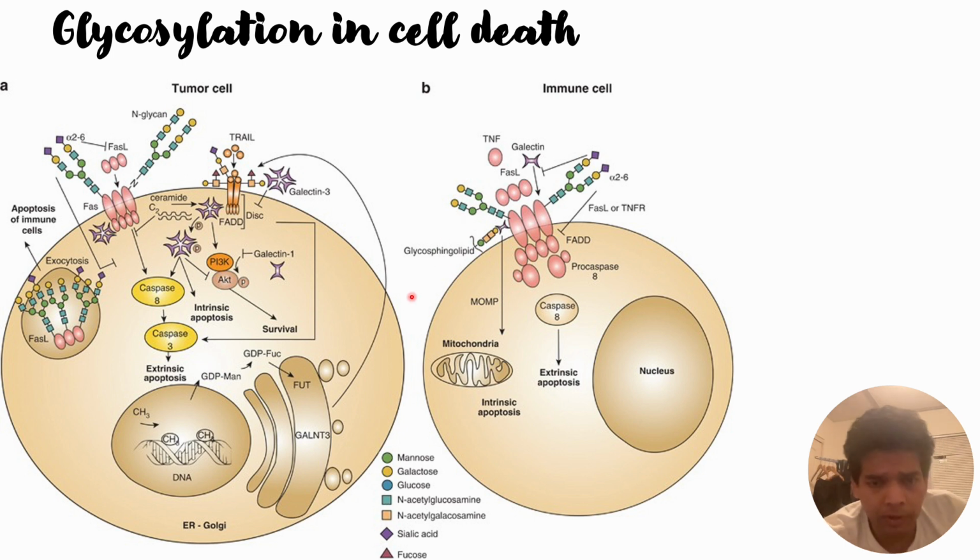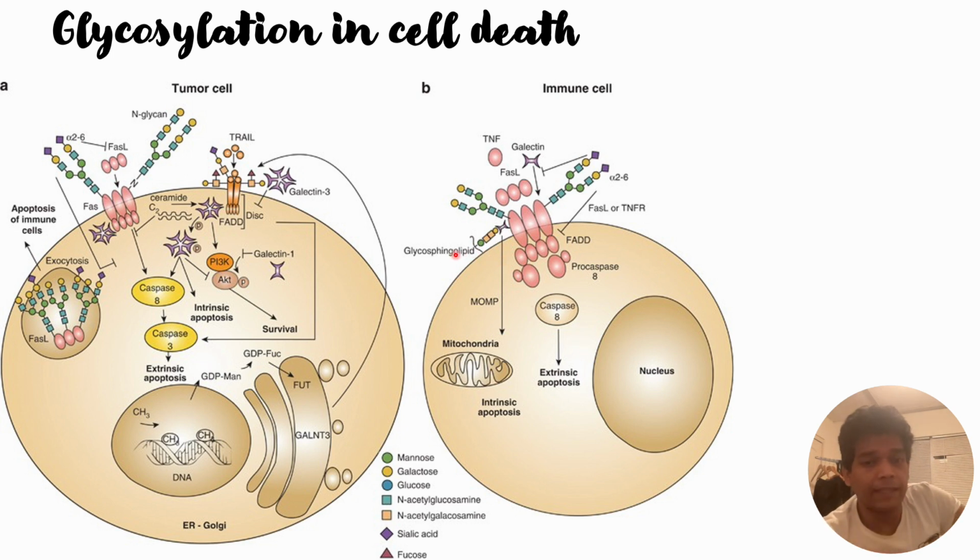So the aberrant glycosylation in the FASL receptors will prevent the interaction with TNF, and also this alpha-2,6-sialic acid prevents the interaction with galectin 9, and thereby the downstream apoptosis will not be triggered because of the non-efficient interaction or non-interaction of these FASL receptors with TNF and galectin 3. And this alpha-2,6-sialic acid also prevents the downstream complex formation, that is the FADD DISC complex formation that will trigger extrinsic apoptosis.